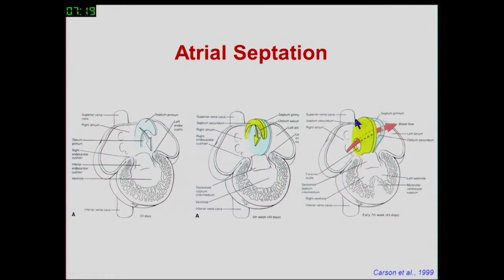After that, the septum secundum, the secondary septum colored in green, forms at the right side of the septum primum as a fold of the atrial roof. It overlaps the foramen secundum, but it does not close completely, leaving the foramen ovale open.